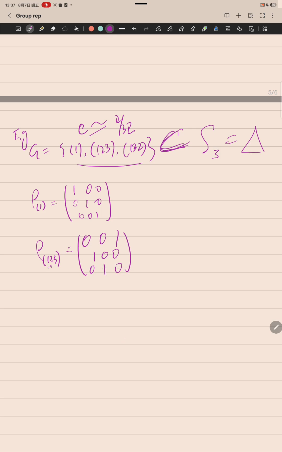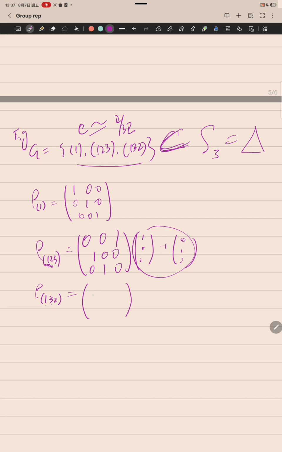To see this, 1 maps to 2, so if I have the vector 1, 0, 0, then it will map to 0, 1, 0. So this is 1 maps to 2, and 2 maps to 3, 3 maps to 1 is also trivially true if you know the construction. And for (1 3 2), 1 maps to 3, 3 maps to 2, 2 maps to 1.